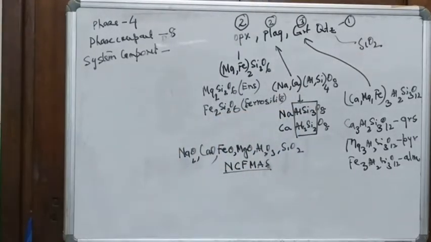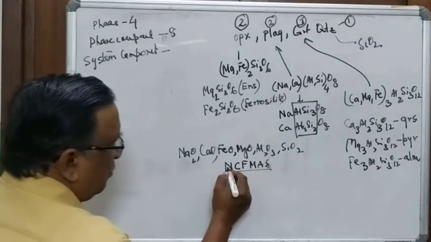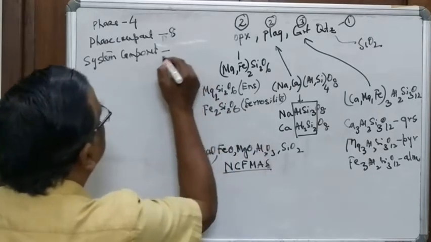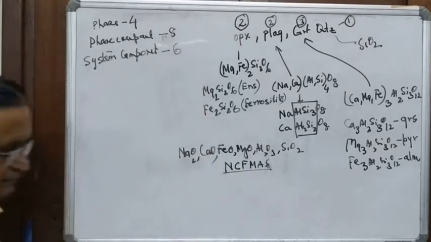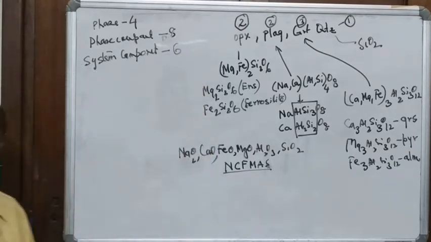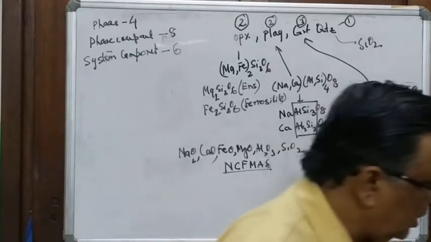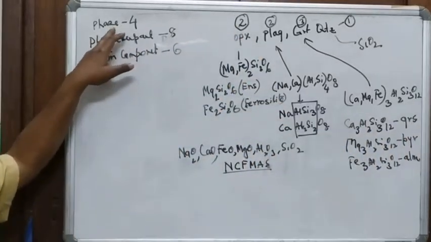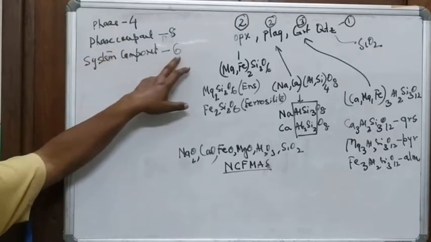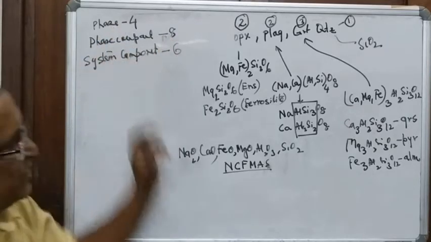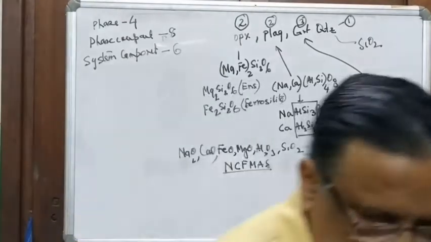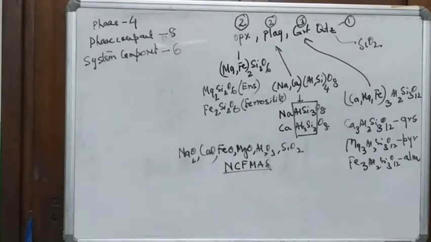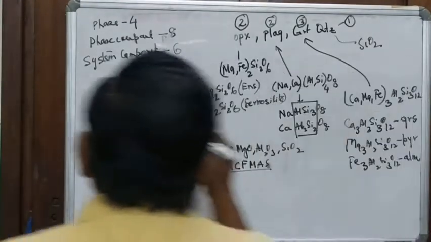So the system components in this are 1, 2, 3, 4, 5, 6 system components. Have we got this right? So we have 4 phases, 6 system components, 8 phase components. Let me erase it.